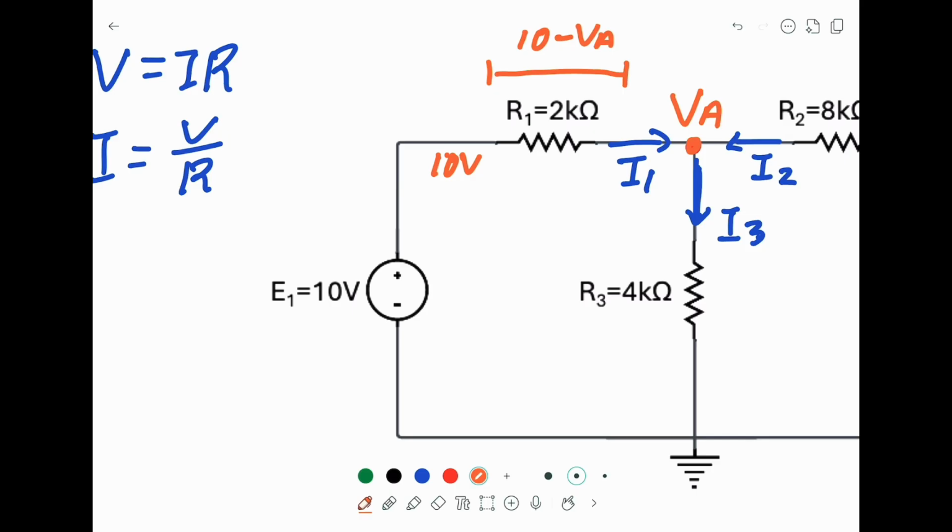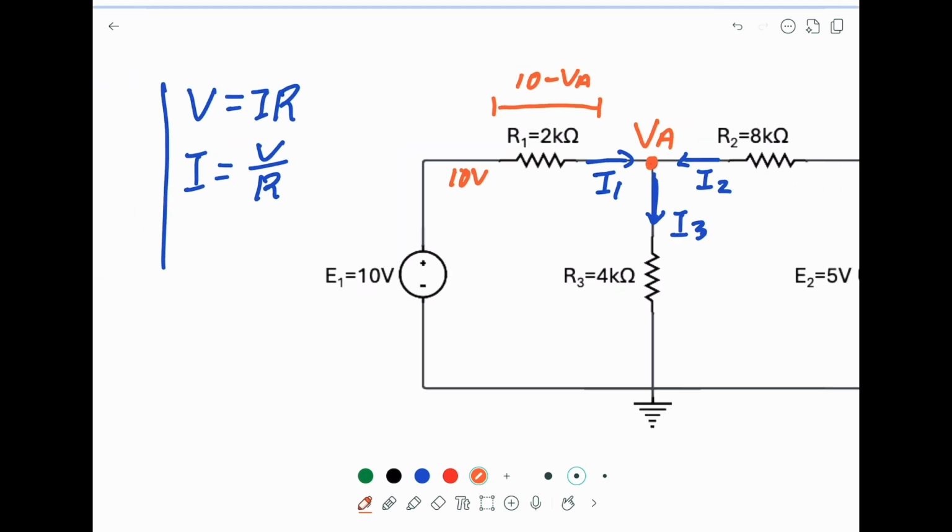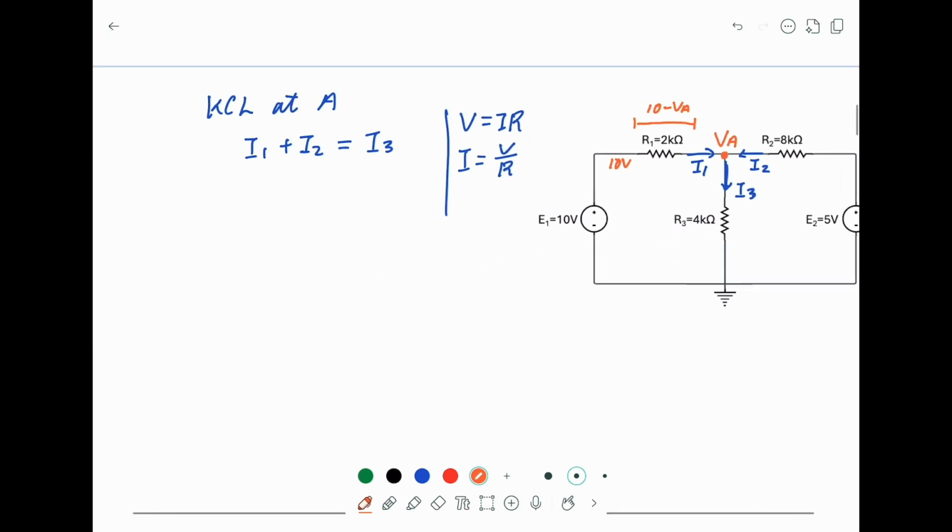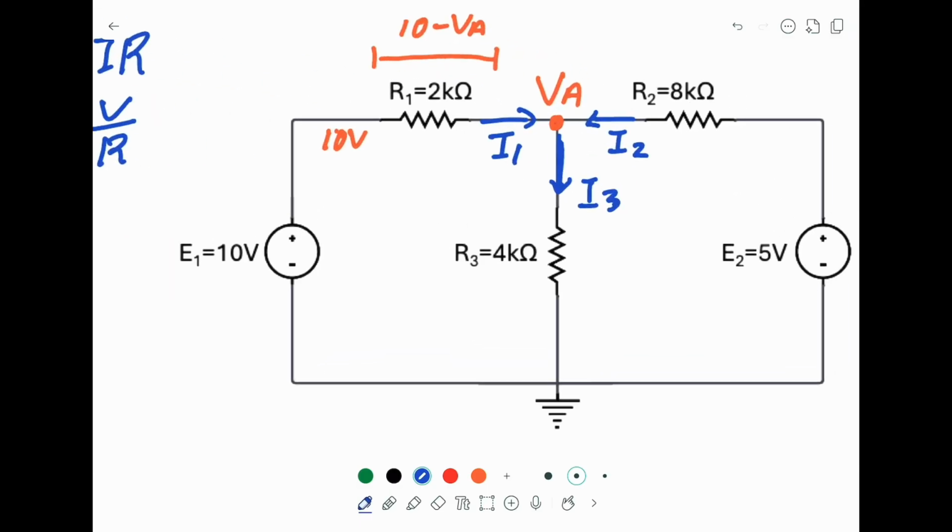And the current I1 should equal the potential difference across R1 divided by R1. So we apply Ohm's law, and I1 will become the potential difference 10 minus VA over R1, which is 2K.